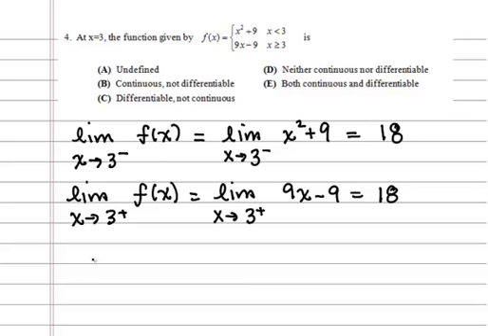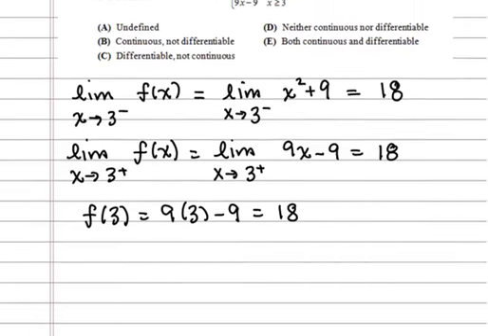Taking a look at the piece of the function which includes x equals 3, the second piece of our function, plugging in 3 into that component, we find that our height at 3 is equal to 18.